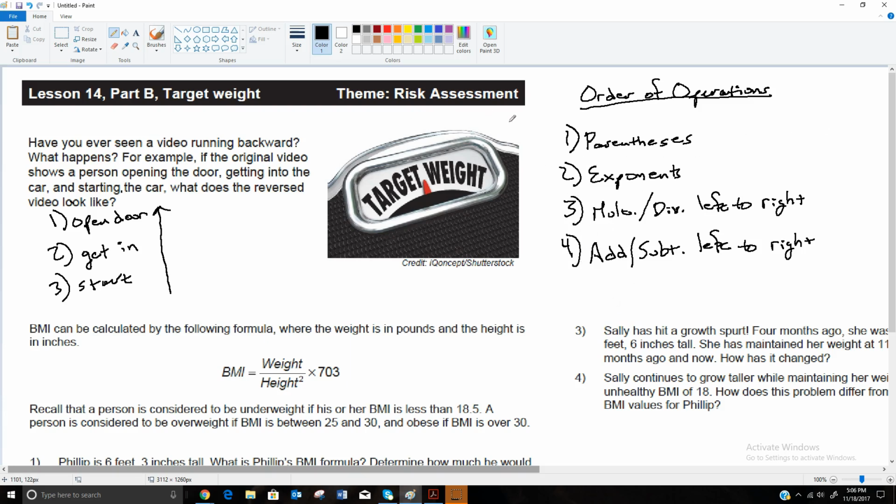I prefer the acronym, not acronym, but the little sentence to help you remember it. Please excuse my dear Aunt Sally. And I like this better because even though it's kind of silly and old-fashioned, please and excuse sounds like two different things. Please excuse, parentheses, exponents.